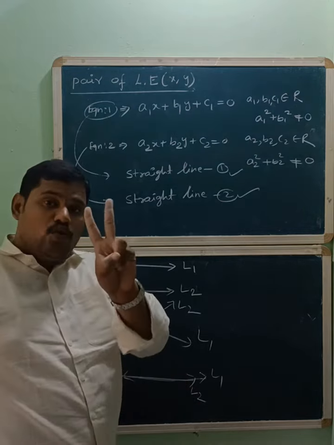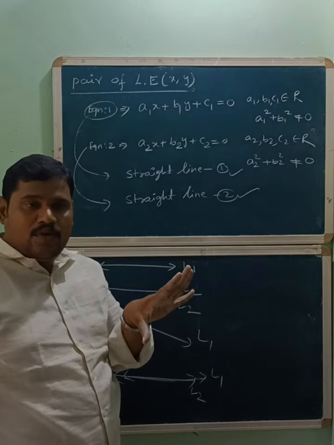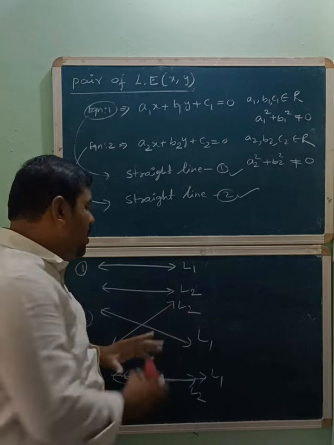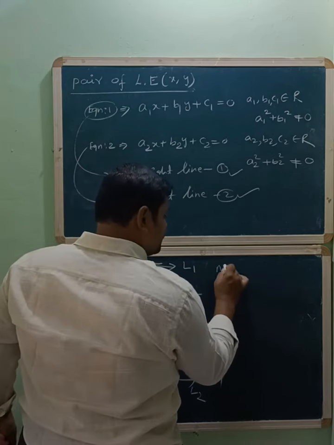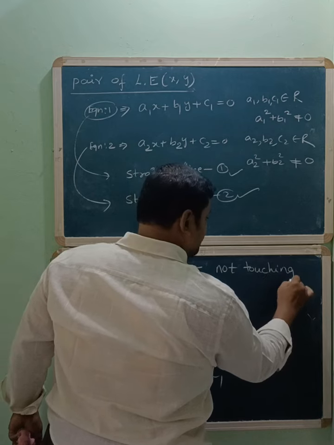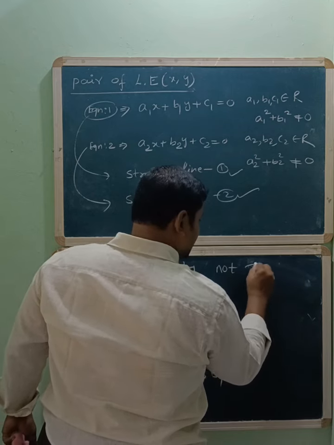To draw two lines in a plane, what is the first possibility? Not touching, or otherwise not intersecting.